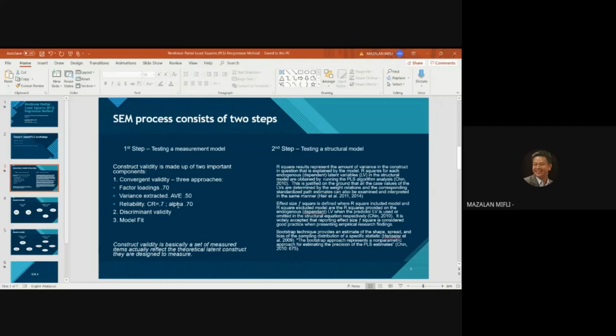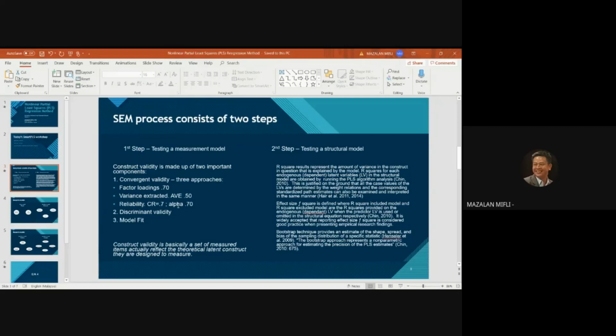I'm sharing this for those who may have values not even reaching 0.7, probably somewhere around 0.6, 0.5 something, and you have done whatever you need to do to increase it, to delete one of the items, but somehow the alpha value will not go up to 0.7, so you retain 0.6 plus. It still can, okay, at a satisfactory level, you can report that.